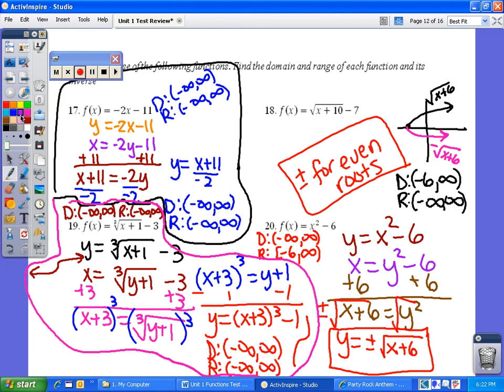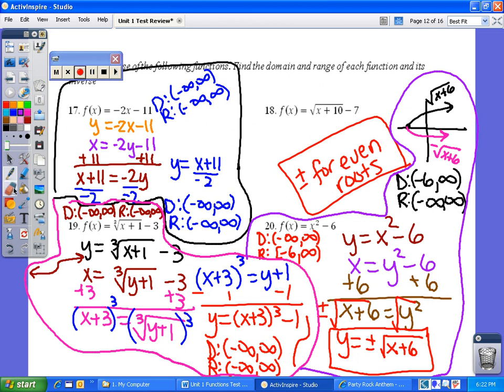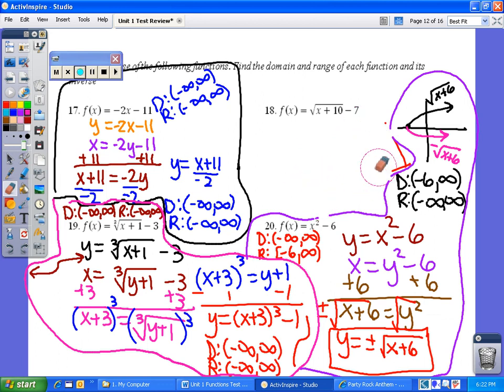And then I have the answer to number 20. It's all here. So in this little tiny space here, I'm going to write the answer to number 18 because I had erased it because I ran out of room.